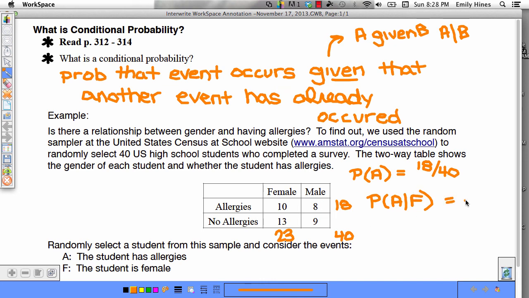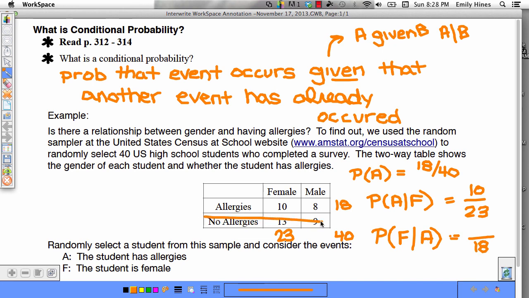Well, I know that I have 23 total females. Out of those 23, 10 of them have allergies. The probability of me picking a person who has allergies given that they are a female is 10 out of 23. If I flip that, what is the probability that I pick a person who is female if I am given the fact that they have allergies? I know that I have 18 people who have allergies.